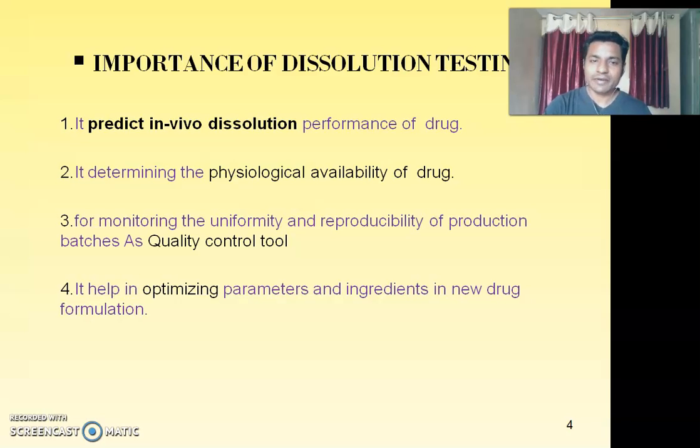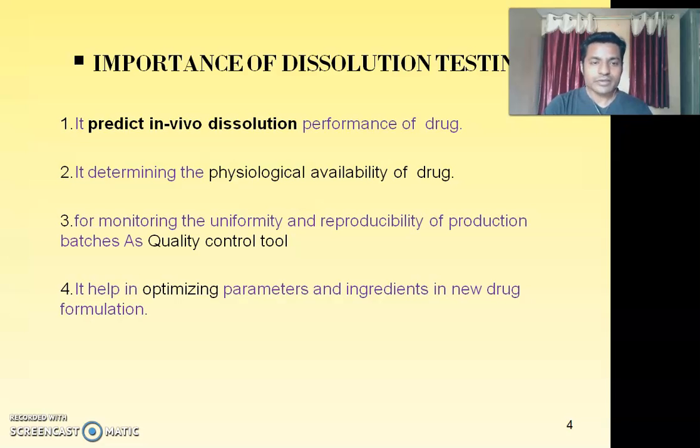From dissolution we can find out how much amount of drug is available physiologically in a particular system. Third is monitoring the uniformity and reproducibility of production batches as a quality control tool. So dissolution testing is also used as a quality control tool to find out the uniformity in batches or production, and it also checks the reproducibility.